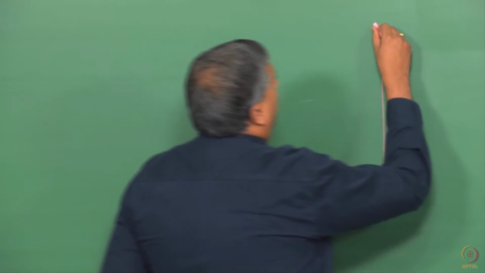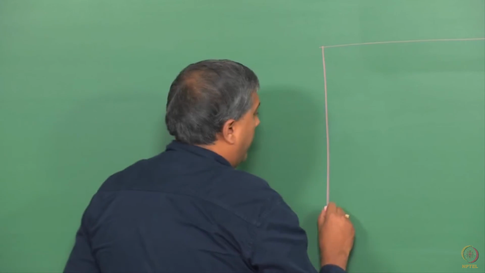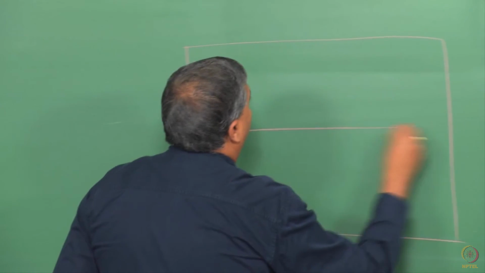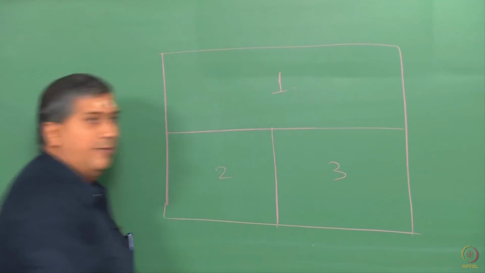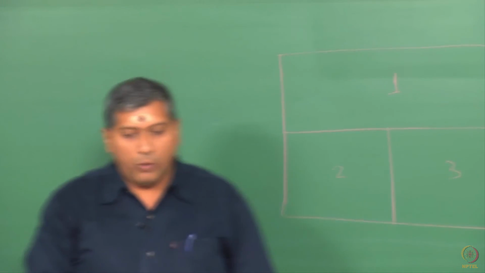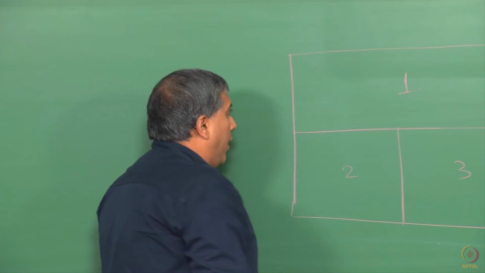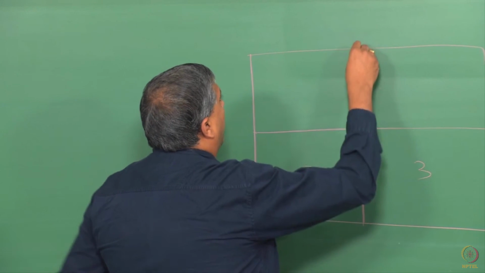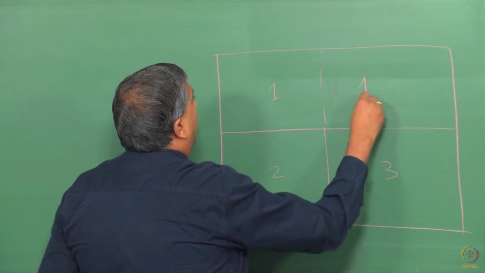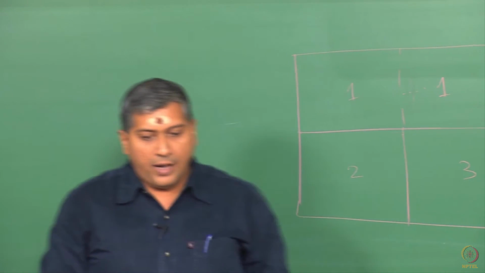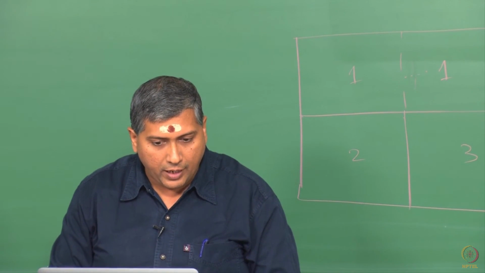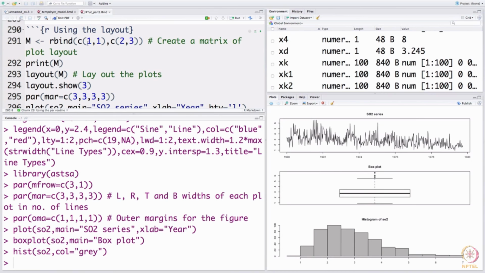So, here, this is your device window, imagine that this is being divided now into 1, 2 and 3, and that is what I am doing. But what I am specifying is that both these belong to the first plot, and that is what I mean by layout of M. What is M?